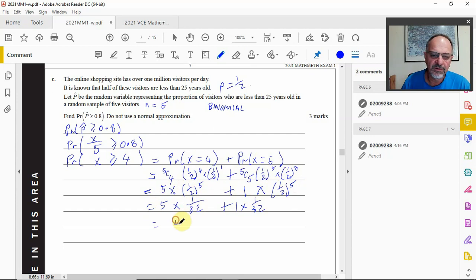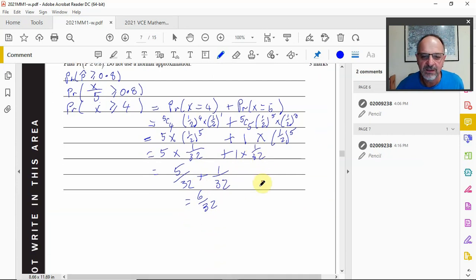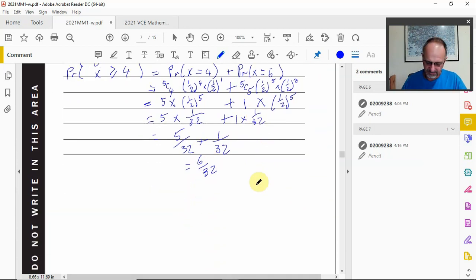So we've got 5 on 32 plus 1 on 32, which is 6 on 32, and we should cancel that down. 2 goes into both of those. 3 over 16 for our final answer.